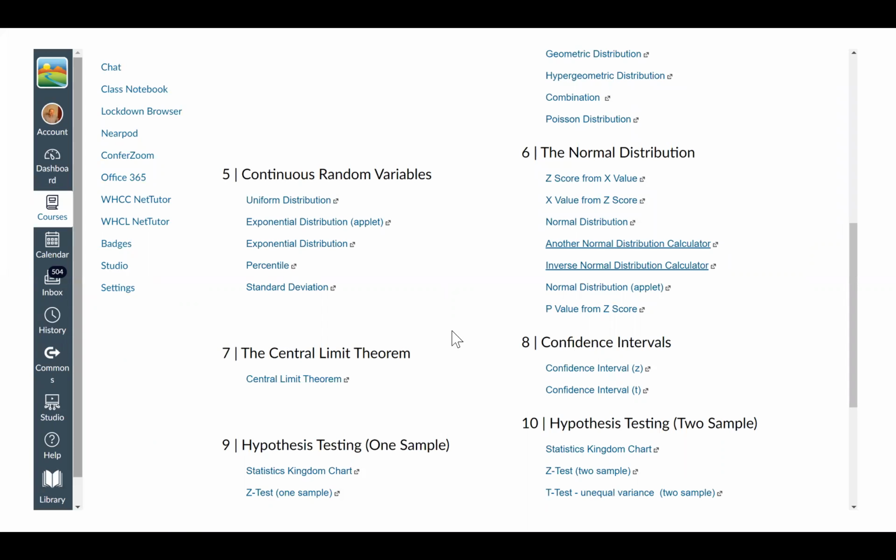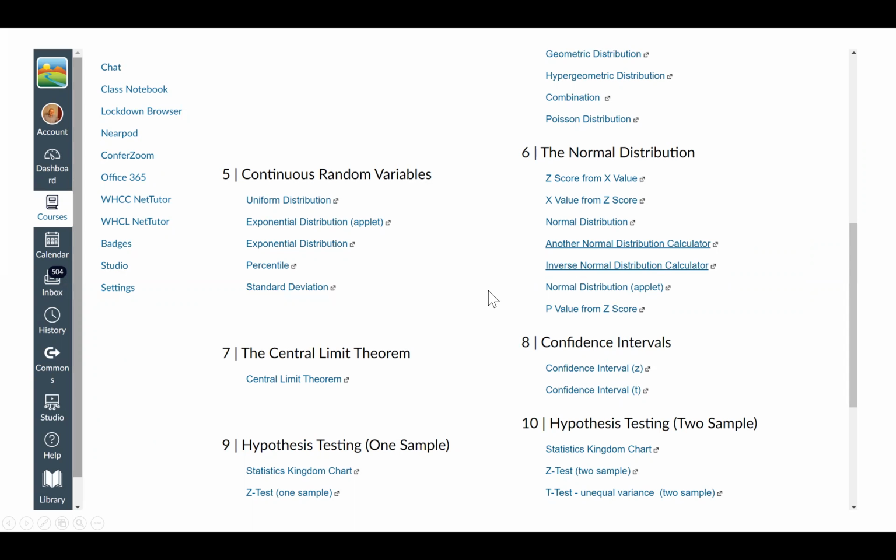I put in a couple more normal distribution calculators. I thought they were just a little bit better. So if you want to check those out, there's another normal distribution calculator, and then the inverse, which is a better one that gives you, going backwards, something a lot easier to think through.